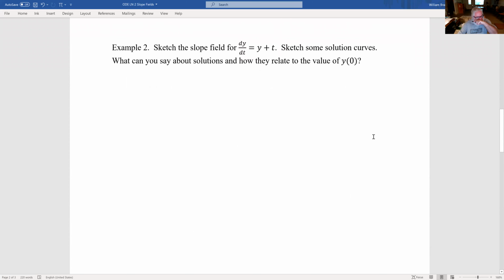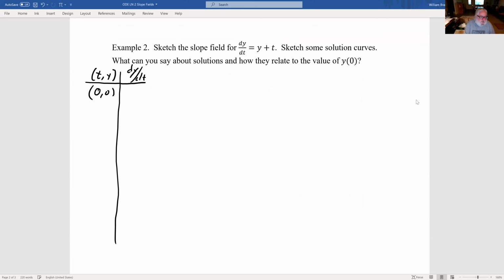So here's a different equation. Here, we've got a y and a t in our solution. So what does the slope field look like? Well, here, instead of just having t, we're going to have to look at points (t, y), and then ask what's the slope at that point. The obvious ones to start with are 0 and 1.